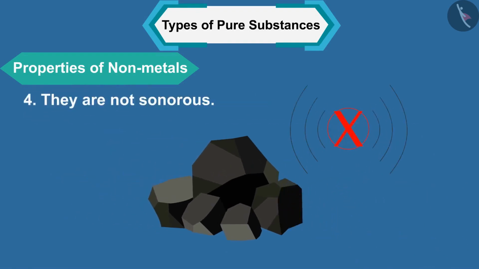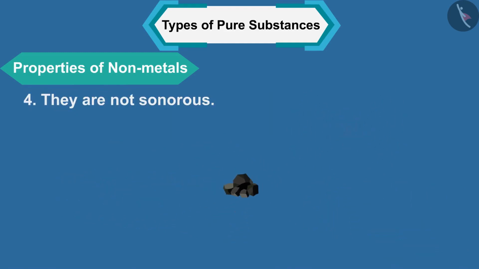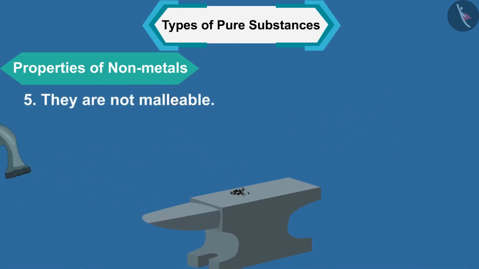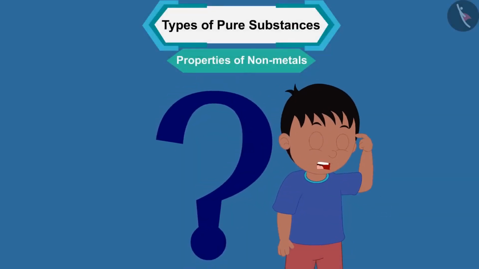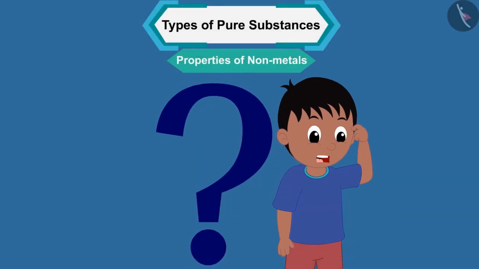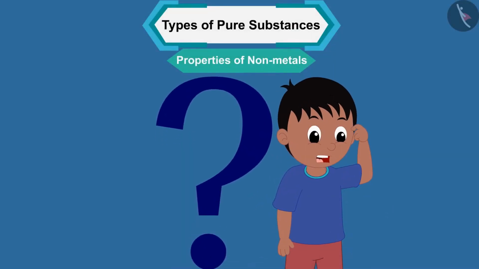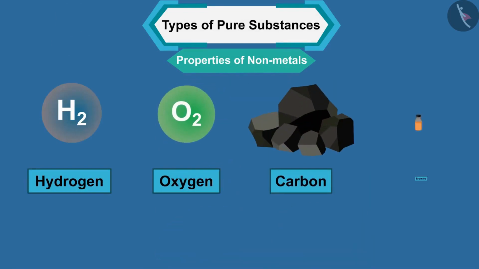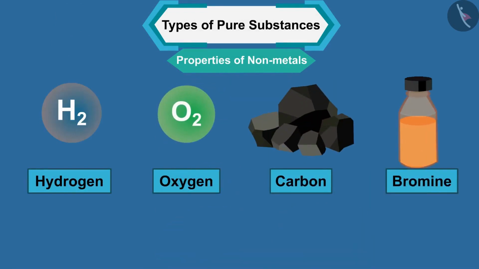They are not sonorous. 5. They are not malleable. Can you think of some examples of these? Examples of non-metals are hydrogen, oxygen, carbon, bromine, etc.